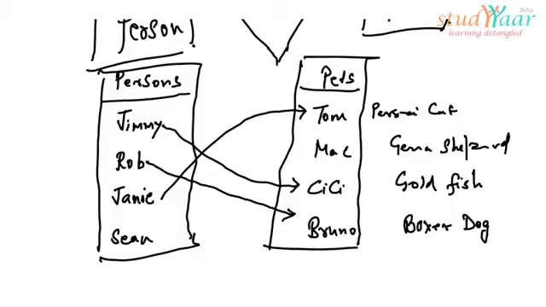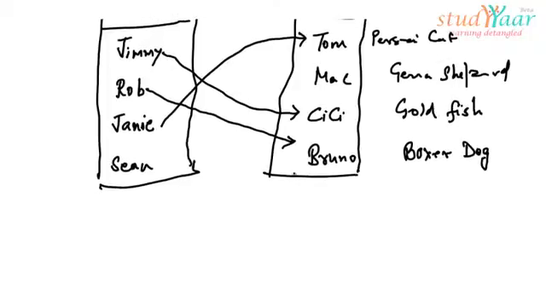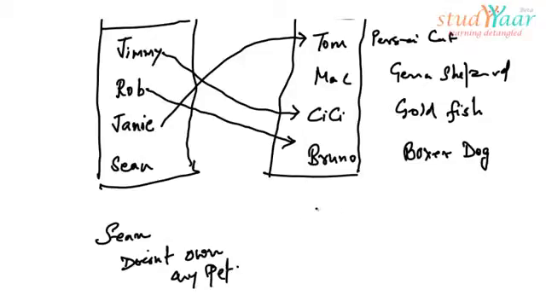So we'll have a relationship between Jimmy and Cece, Janie and Tom, and Rob and Bruno. Just understand here, Sean doesn't own anything, okay? Doesn't own any pet. And Mac is not owned by anyone.